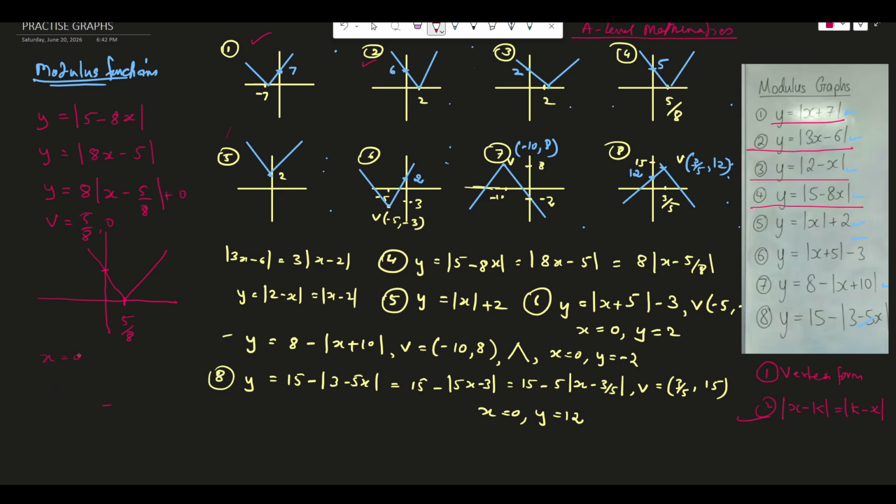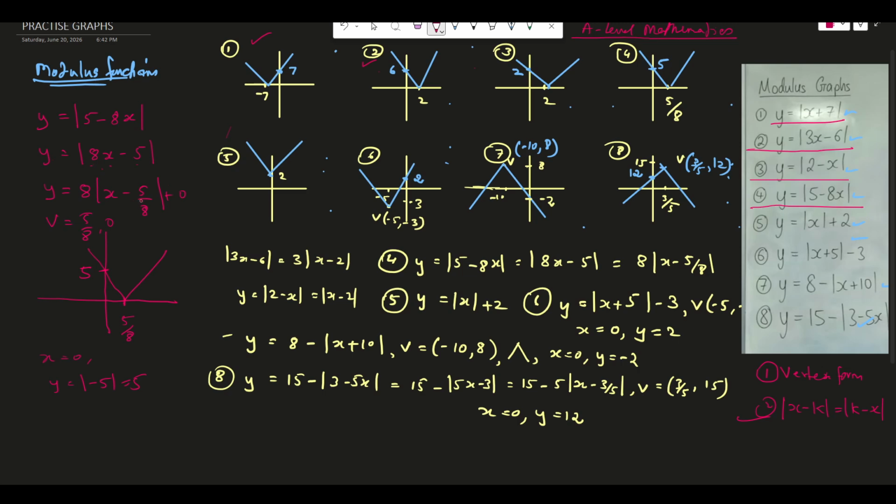So when x is equal to 0, y will be equal to modulus of 8 into 0 minus 5, which is modulus of minus 5, which is equal to 5. So this point has to be 5.